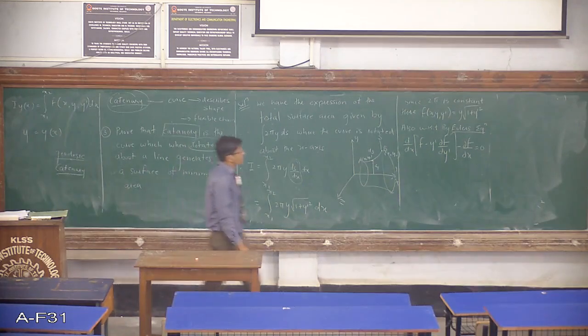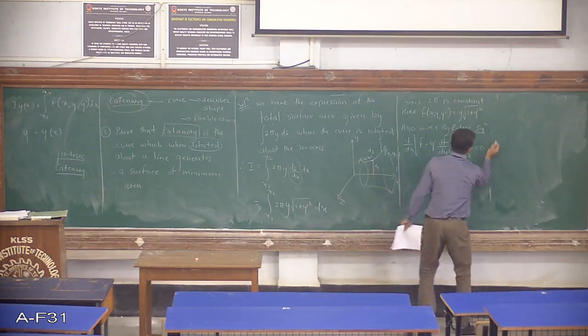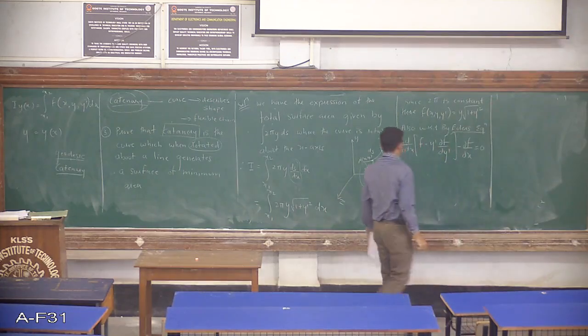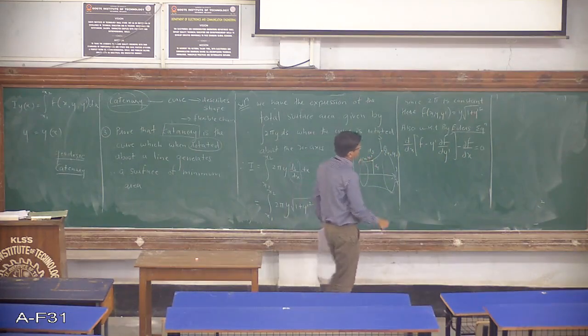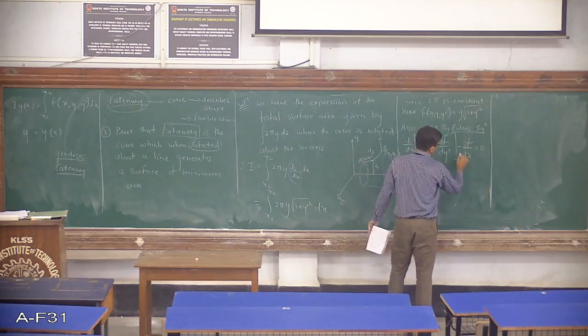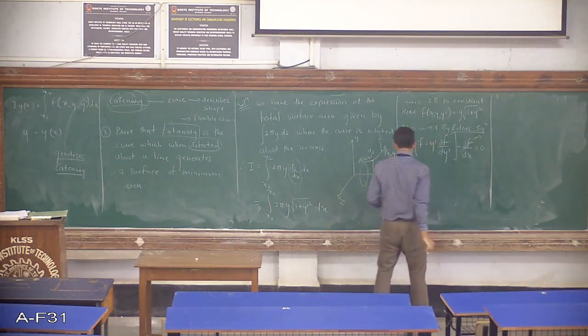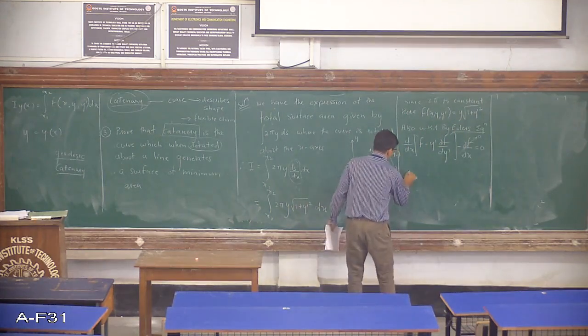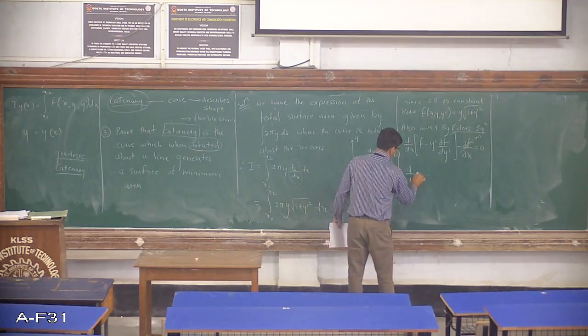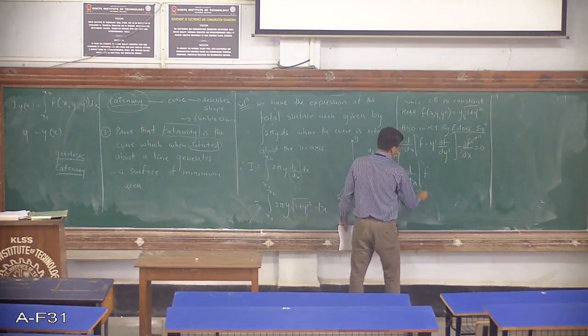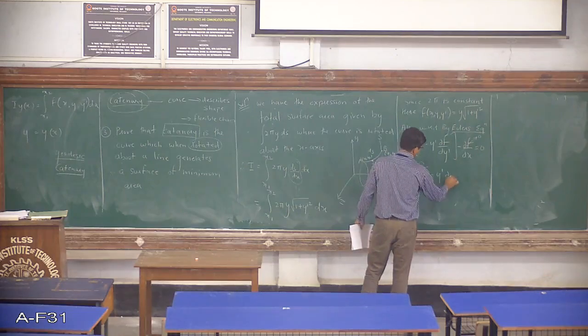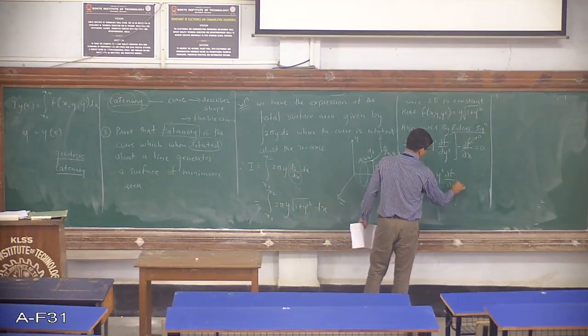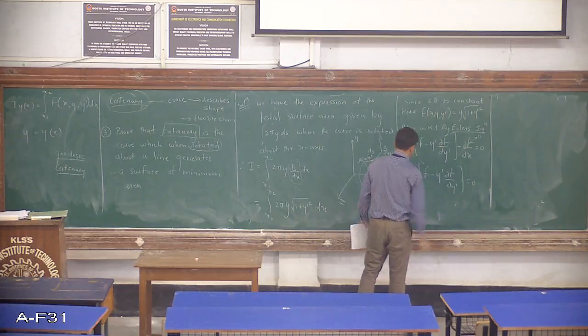Now we are in this equation, so I have written here. In this equation, you do not have an x term, so obviously this will turn out to be 0. Therefore it is d by dx of, inside the bracket, f minus y prime ∂f/∂y prime equal to 0.